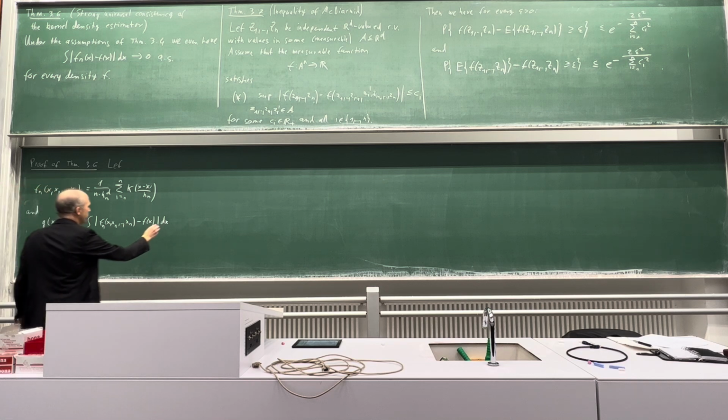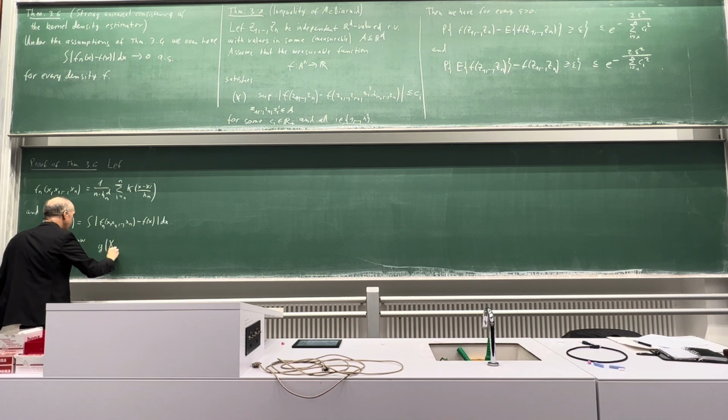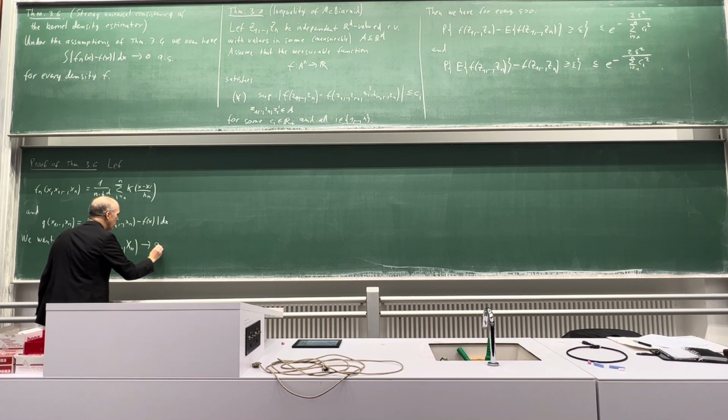And we want to show that g of capital X1 to capital Xn tends to 0 almost surely.